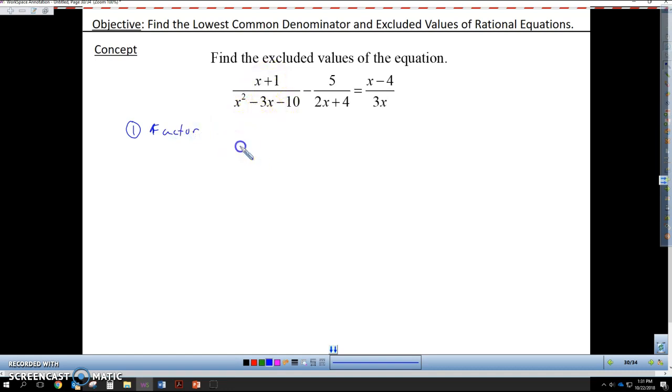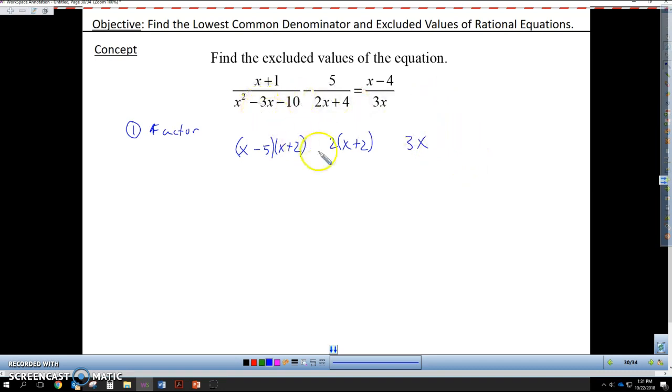So this is x minus 5 times x plus 2. Here I have 2 times x plus 2, and this is 3x.